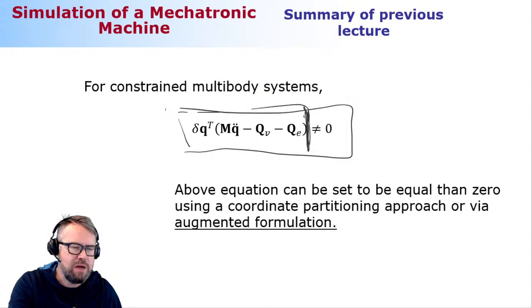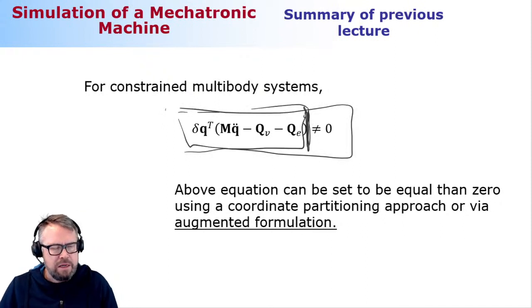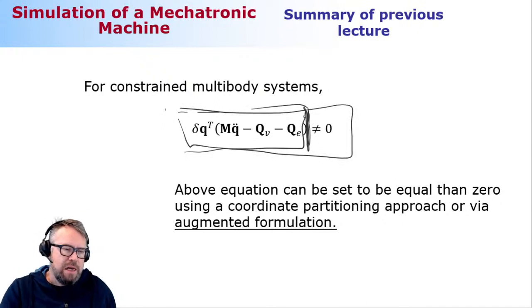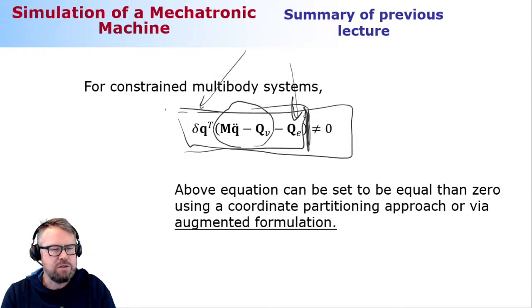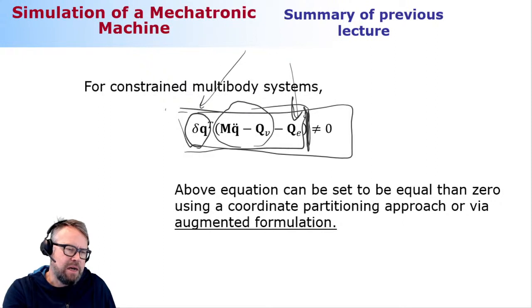This is what you end up with when setting the virtual work done by external applied force, multiplied by virtual displacement, and the virtual work done by inertia forces to be equal. You can set those equal only if this virtual displacement is kinematically admissible.